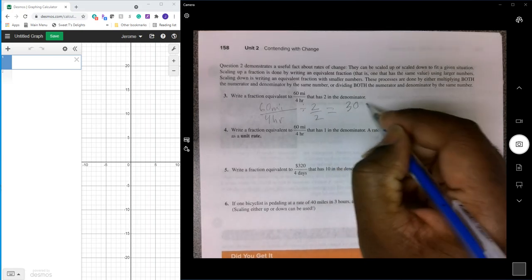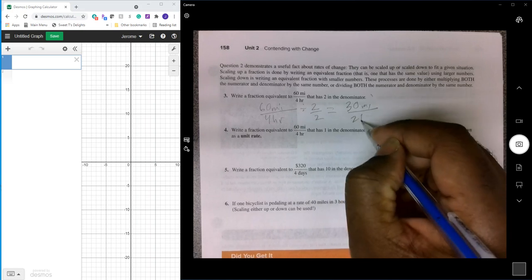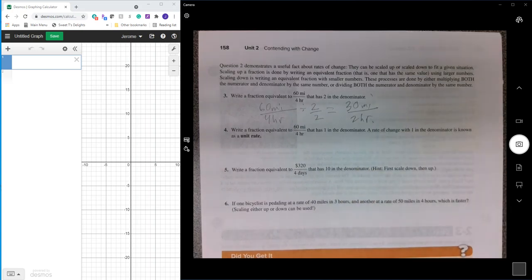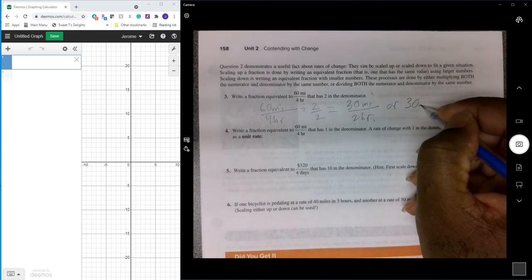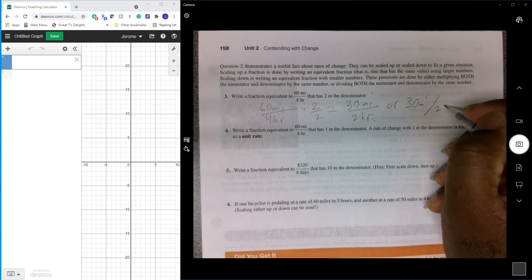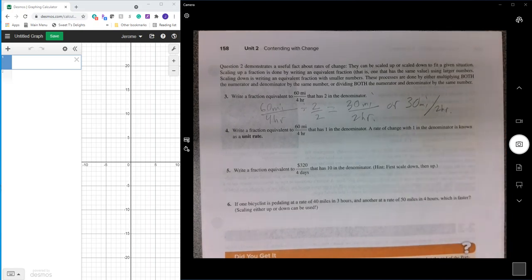So this would be 30 miles over 2 hours. Or you could write it like this as well. Either way is fine.